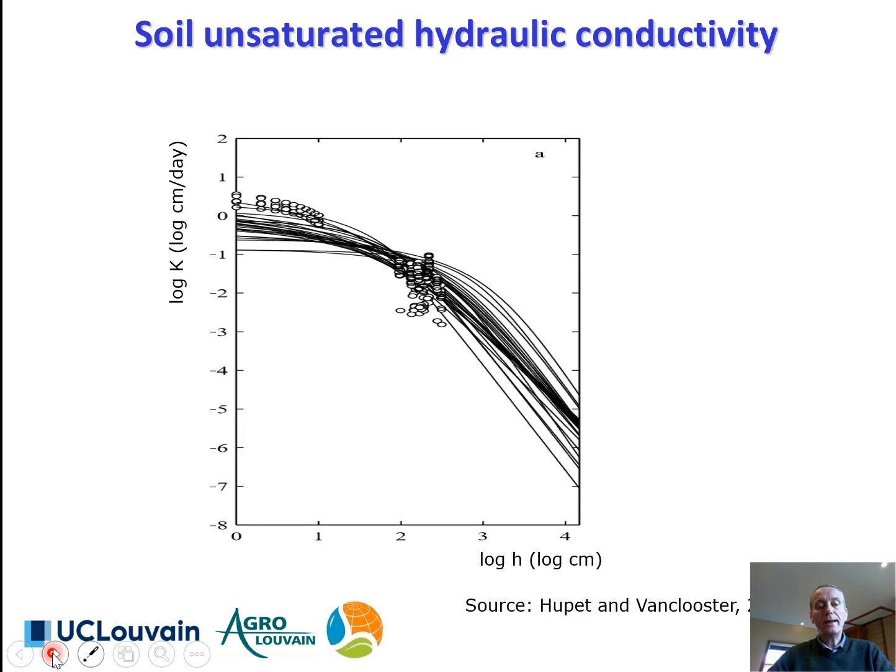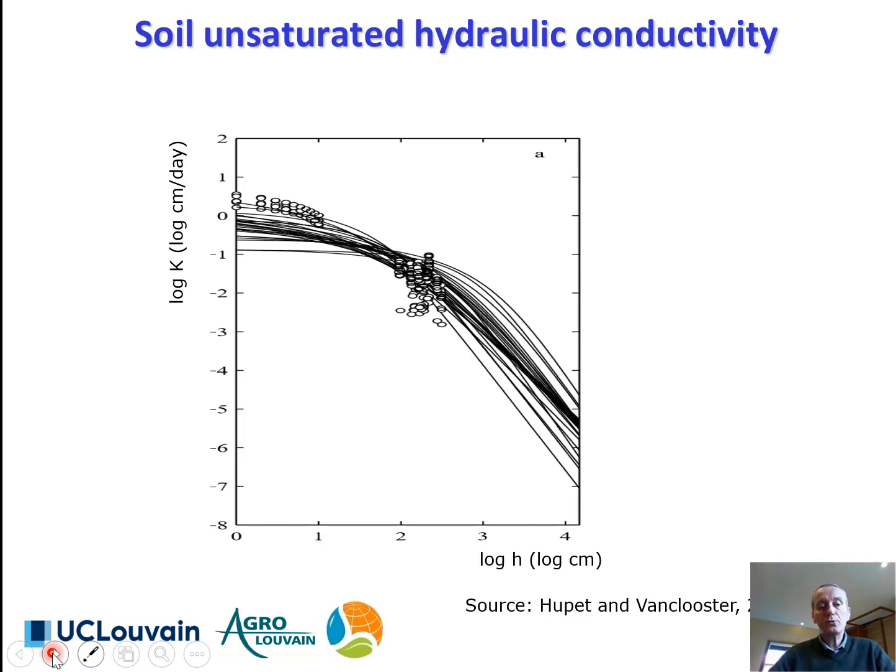The second function that we need to define for solving the transport equation is the soil hydraulic conductivity function. Also this function is strongly nonlinear, in terms of soil water content and hence also in terms of soil suction head.